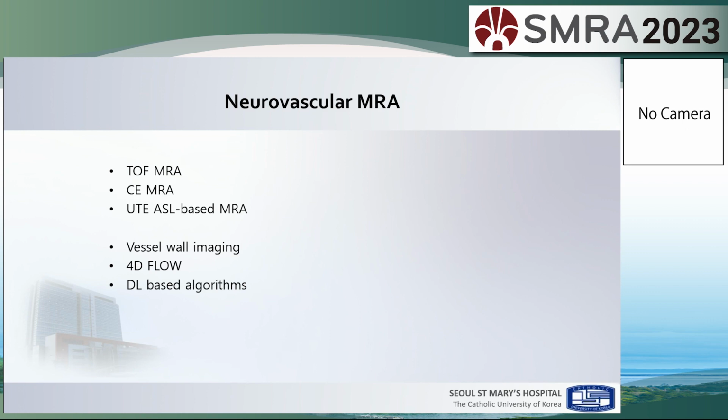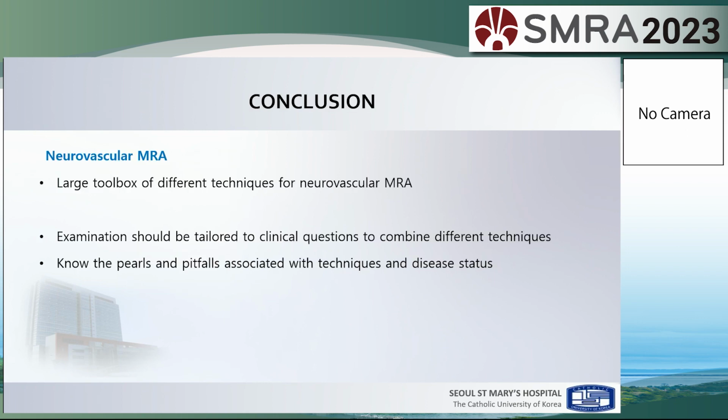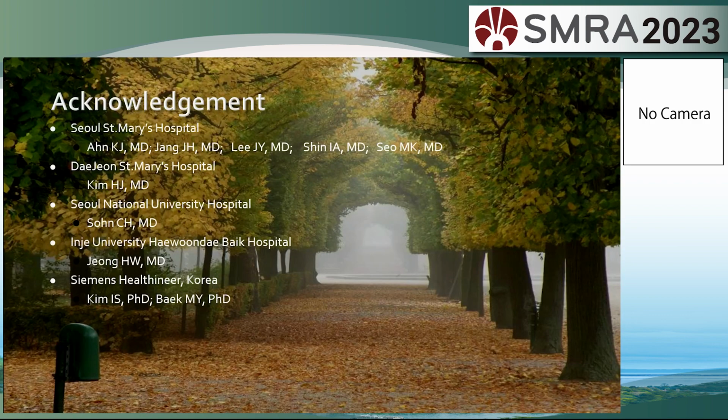These sequences will be a good armory for the clinical evaluation of neurovascular disease. So we do have a large toolbox of different techniques, and examination should be tailored to clinical questions to combine different techniques. Thank you for your kind attention.